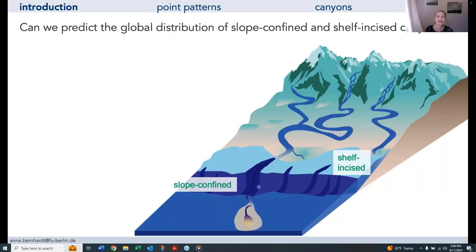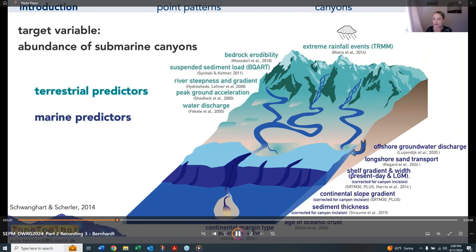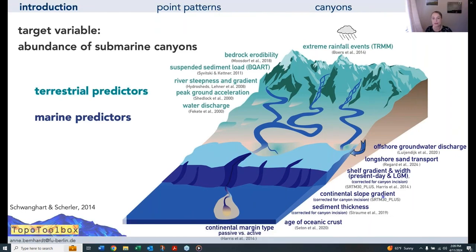And then we broadened the research question to: can we predict the global distribution of slope-confined and shelf-incising canyons by using, for example, the gradient of the continental slope? Now, we don't have to limit ourselves to the gradient of the continental slope, as there are many global data sets available that quantify parameters that might influence canyon formation.